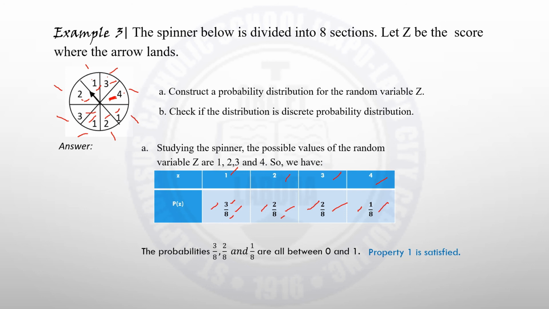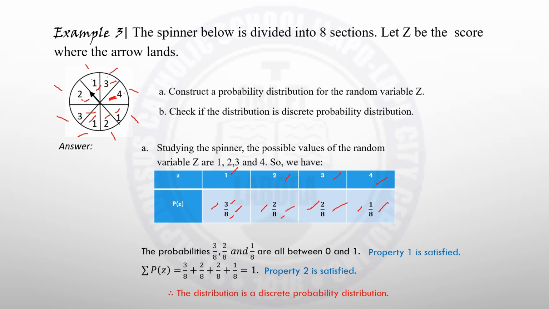The second property, so we have to consider this summation of the probability of the random variable Z. So we have 3 over 8 plus 2 over 8 plus 2 over 8 plus 1 over 8, and that is equal to 1, which is considered satisfied. Therefore, the distribution is a discrete probability distribution.